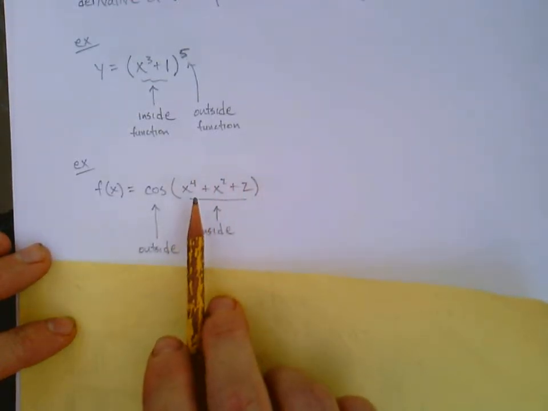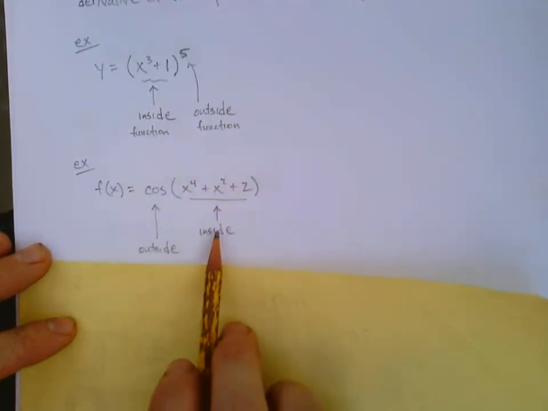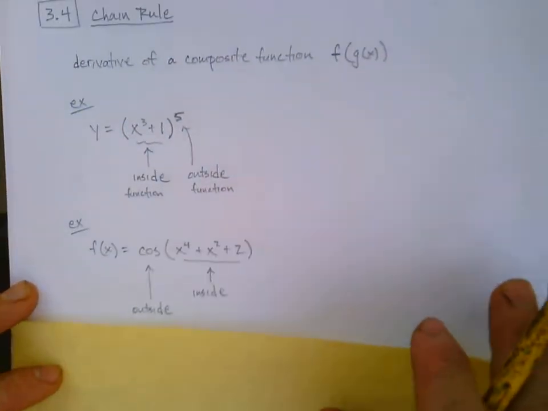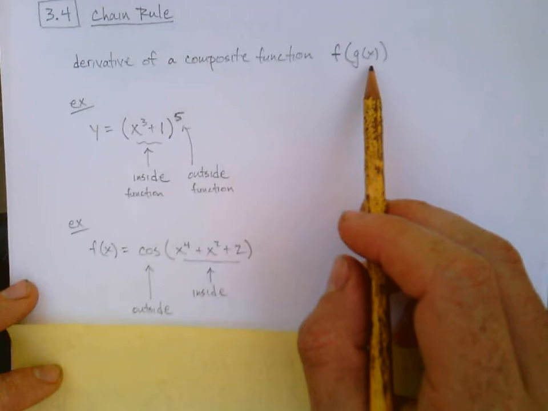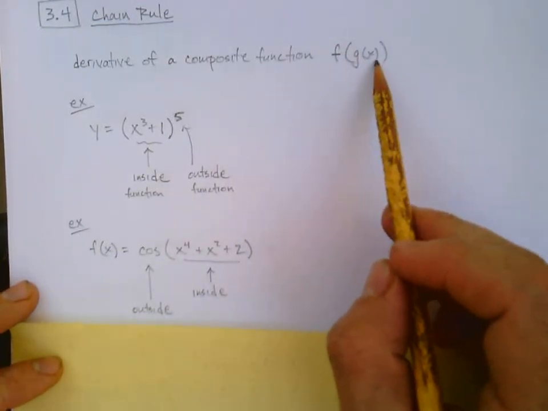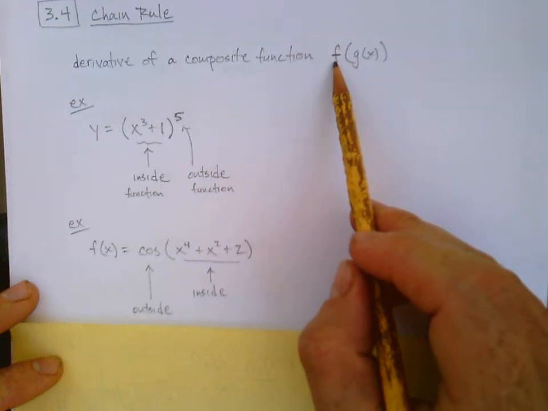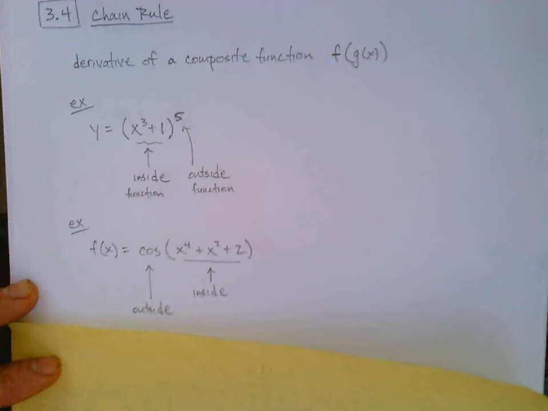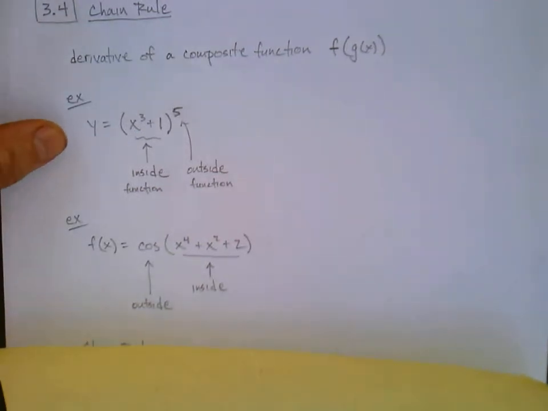There's our inside function. It's literally inside the parentheses. And on the outside is cosine. If you think back to a composite function, we think of g of x as the inside, and the f is the outside. And we can identify that in these examples.